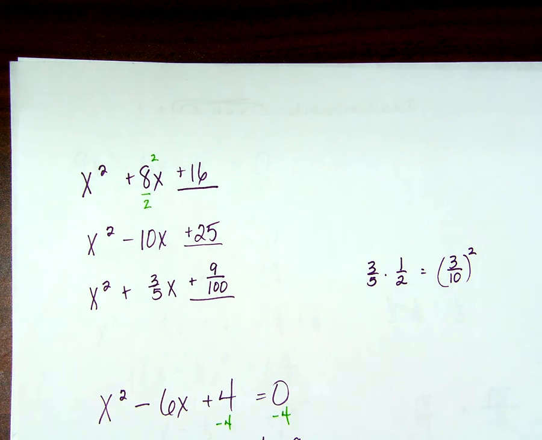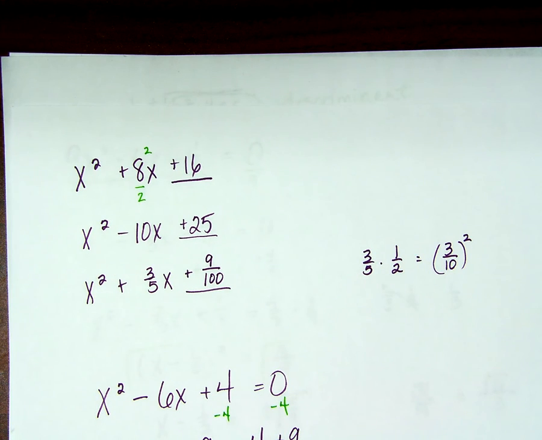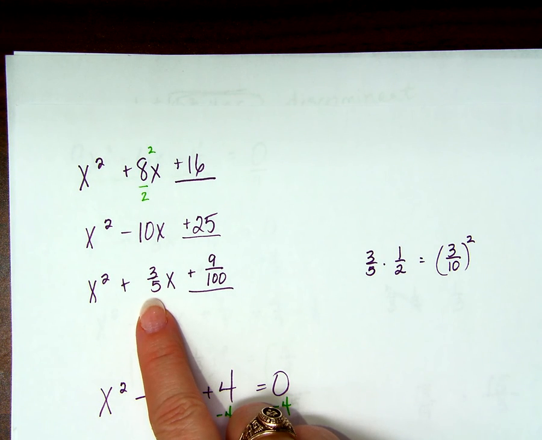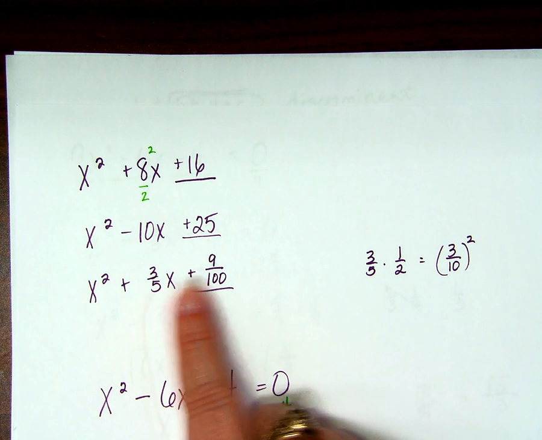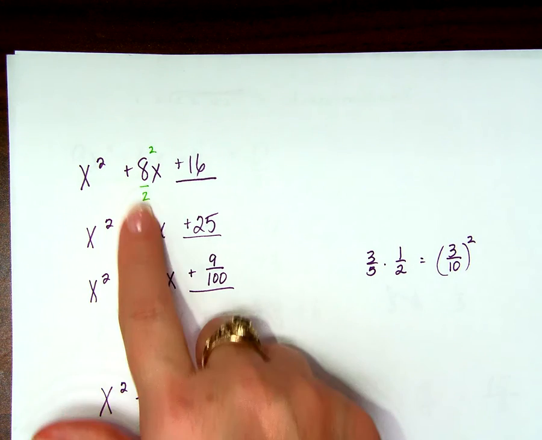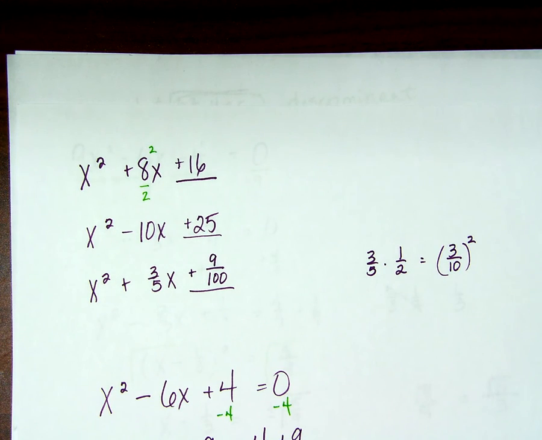What about the middle term? Does the middle term have anything to do with it being the most effective way if we're going to complete the square? We definitely don't want a fraction, right? Probably we also don't want a number that's odd either, do we? If it's odd, that's going to give us a fraction here. If this is an even number and our leading coefficient is 1, probably completing the square will be pretty easy.